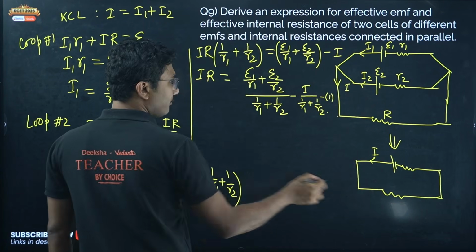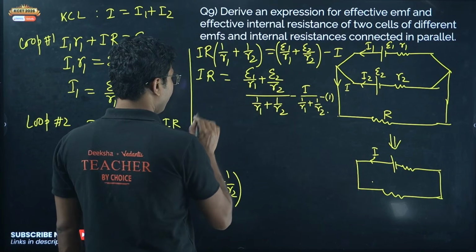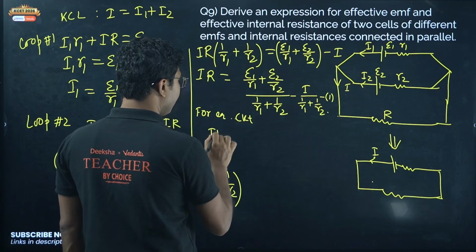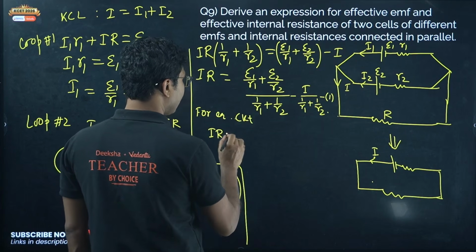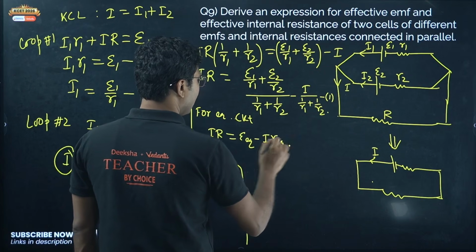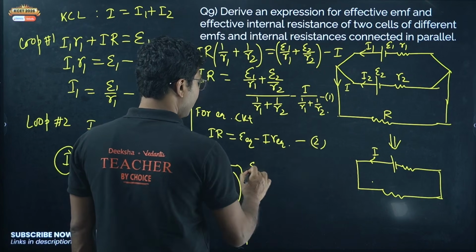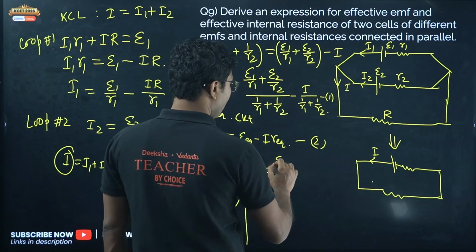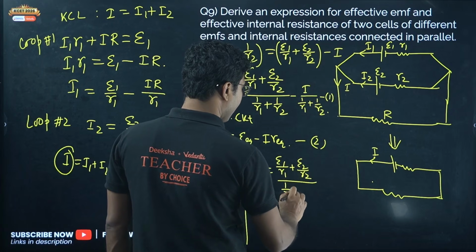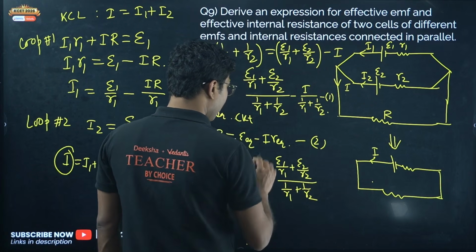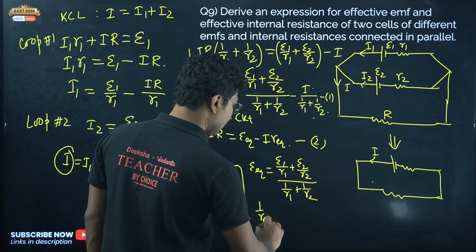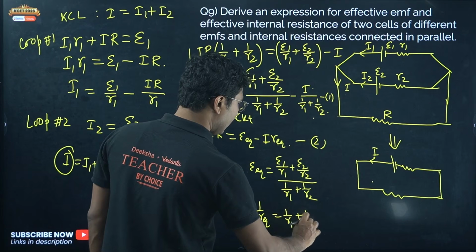Similarly, for the equivalent circuit, what can we write? We have already done it in our previous part, so you have to do the same steps again and show that it equals epsilon equivalent minus IR equivalent. So comparing 1 and 2, epsilon equivalent equals epsilon 1 by R1 plus epsilon 2 by R2 divided by 1 by R1 plus 1 by R2, and 1 by R equivalent equals 1 by R1 plus 1 by R2.